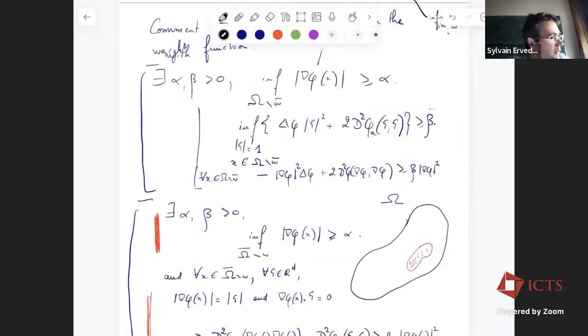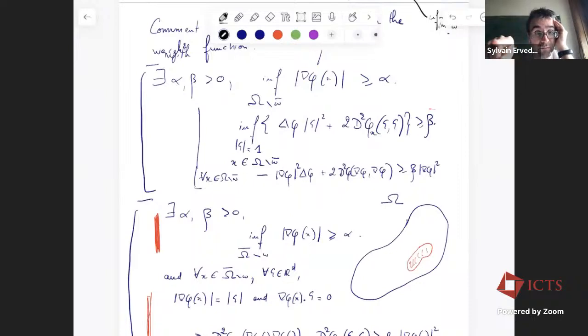There's a work, and probably I will forget some authors, I think it's Gunther Uhlmann with Carlos Kenig and Johannes Sjöstrand, about limiting Carleman weights. This is more or less what they do. In fact, what they do is a little bit different in the sense that they take a convexified version of the limiting weight, and then they pass to the limit in the convexification.